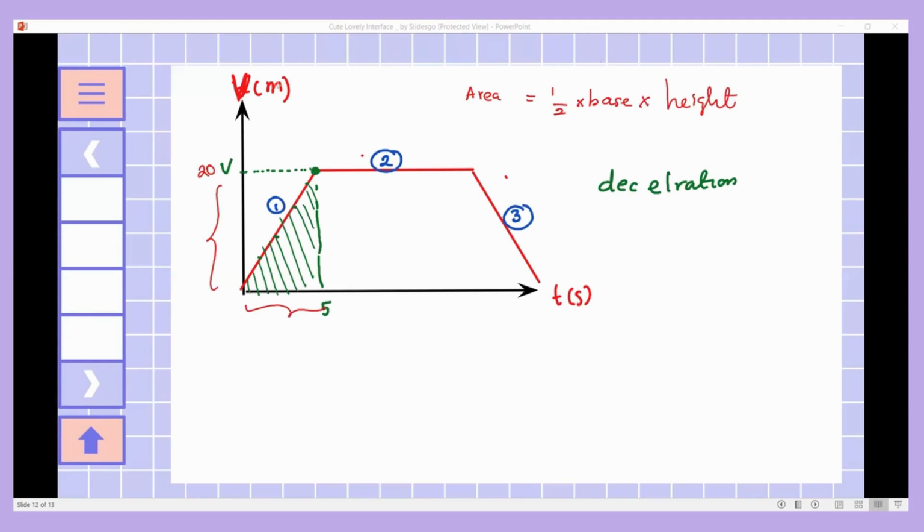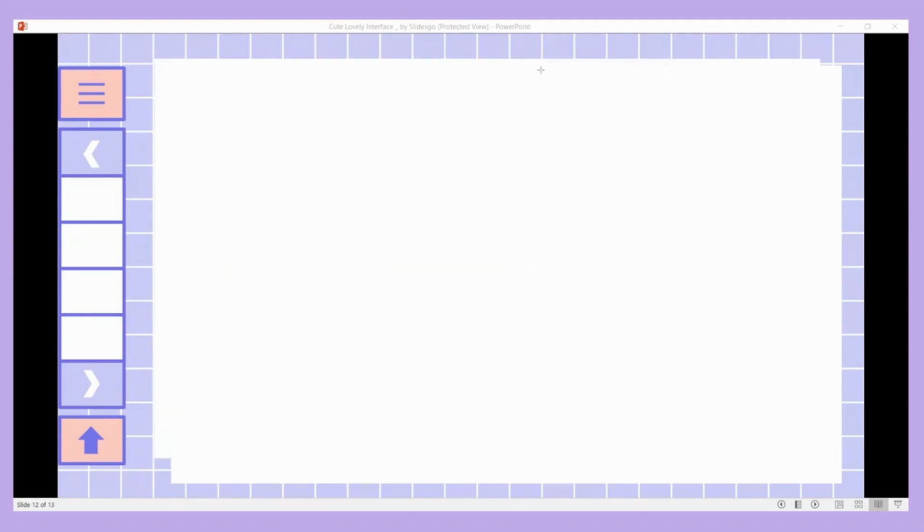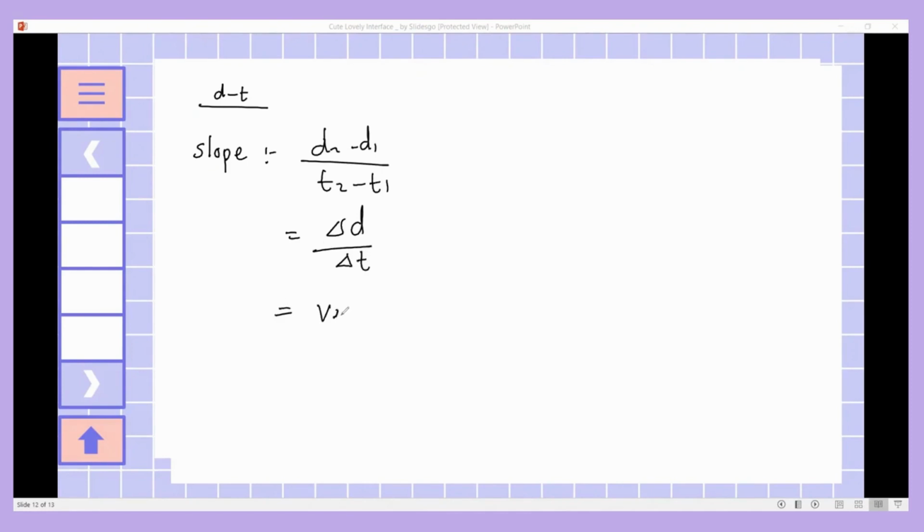The final summary of this topic: in the DT graph, we will be concerned about the slope, that is the gradient, and the slope will be d2 minus d1 over t2 minus t1. And we know d over t, the change in distance over the change in time, is simply the velocity. So the gradient, the slope of the DT graph, is going to give us the velocity.